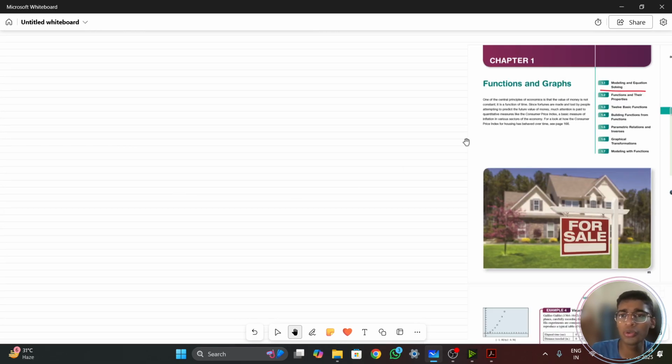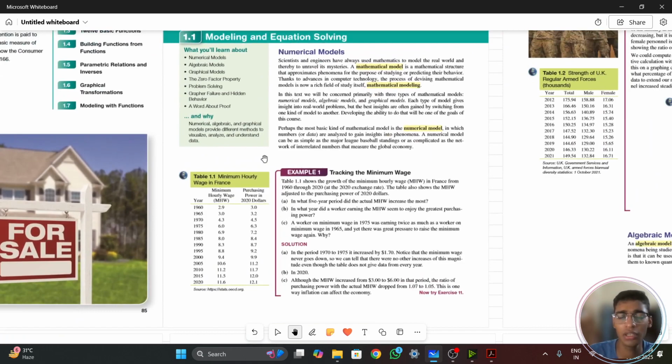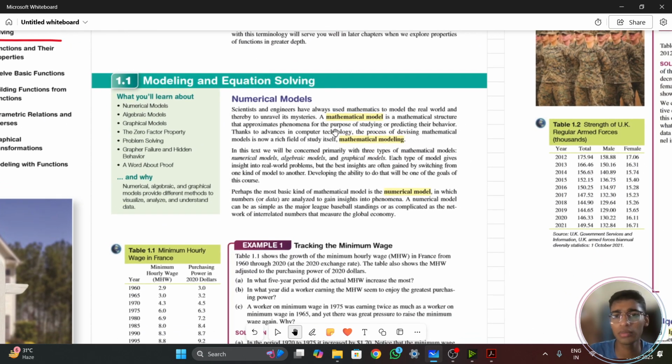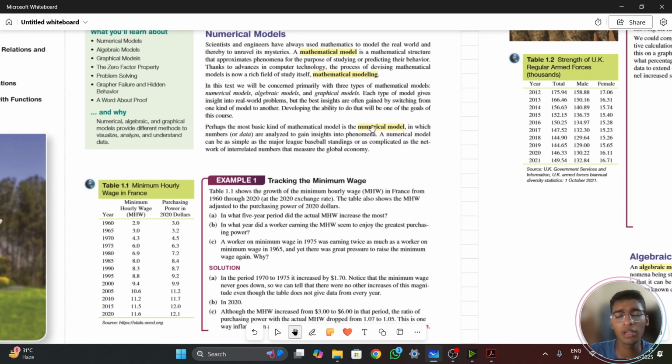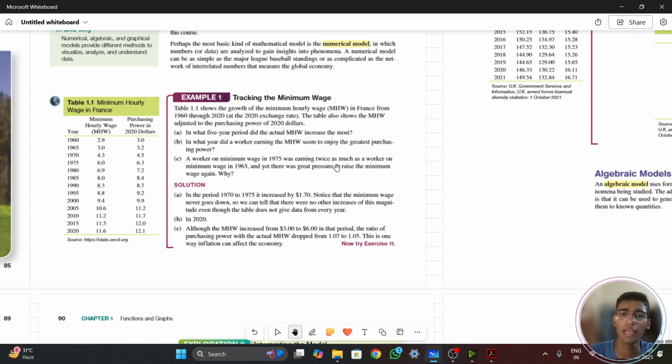Let's now move to exactly what's given next in your book. They have talked about the mathematical model, which I've already discussed with you, and numerical modeling is a modeling in which you deal with numbers to gain insights into the phenomena. The example they have taken is tracking the minimum wage.